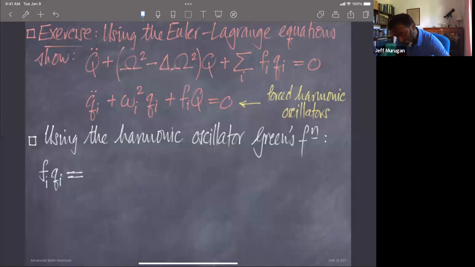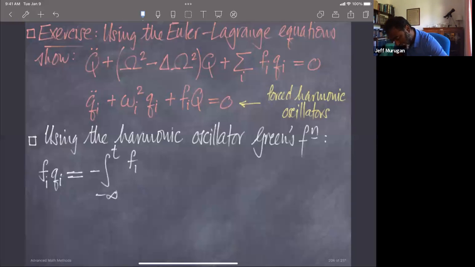This is given by minus the integral from minus infinity to the time t that I'm interested in. The integral is taken with respect to tau. In fact, let me write it like this.